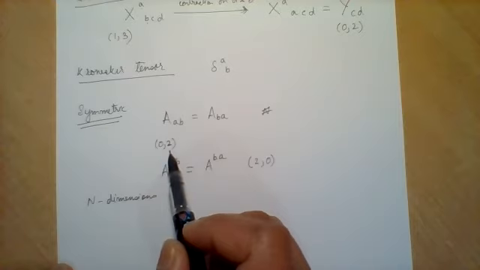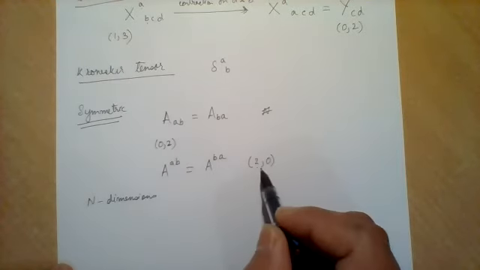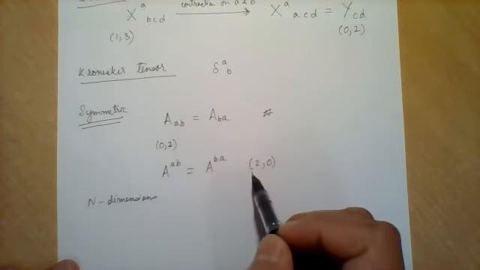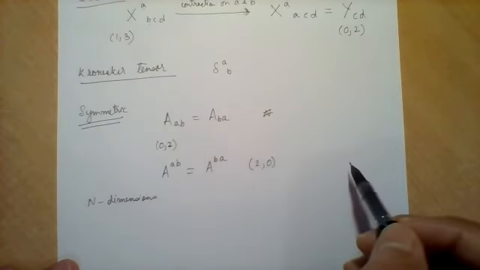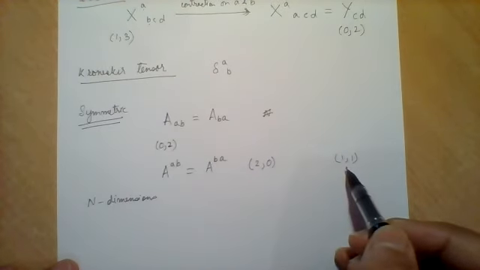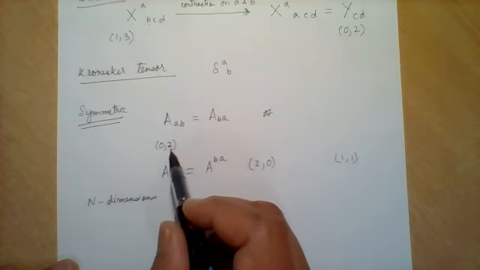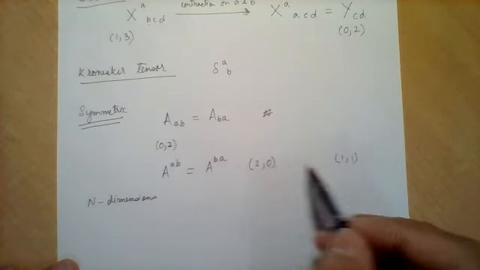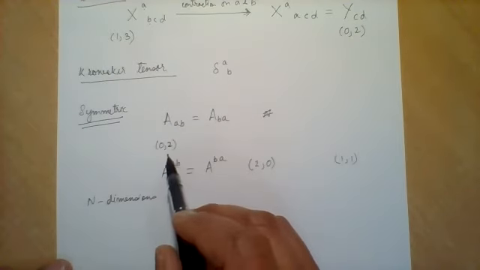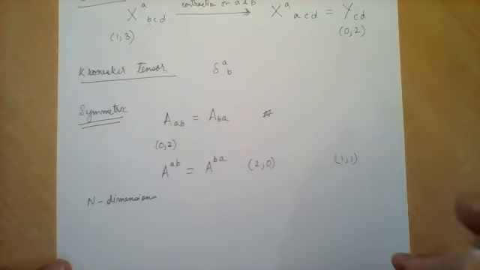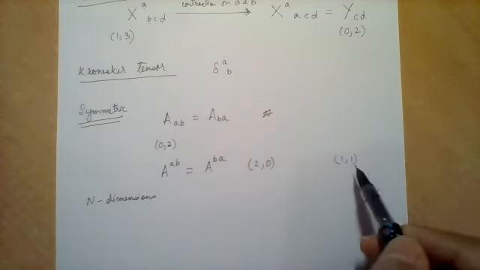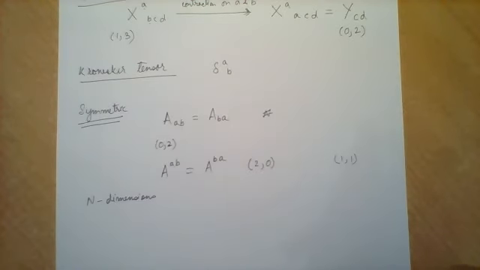A tensor of type 0 2 or 2 0 or 1 1 is a tensor of rank 2. Type 0 2, type 2 0, type 1 1, these are tensors of rank 2.